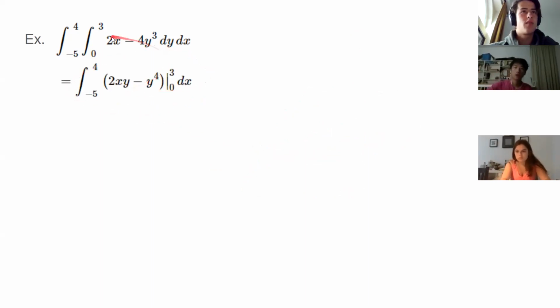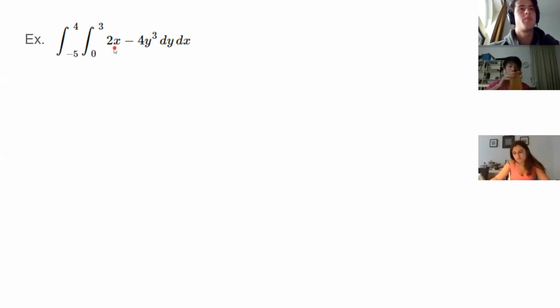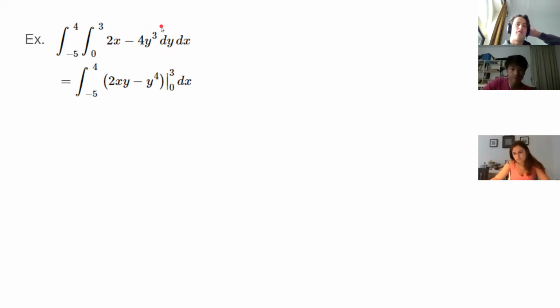Cool. So the way it works again is that we'll treat all the x's as constants and all the y's as variables when integrating with respect to y. So this first term should become 2xy. The second term should become minus y to the power 4.